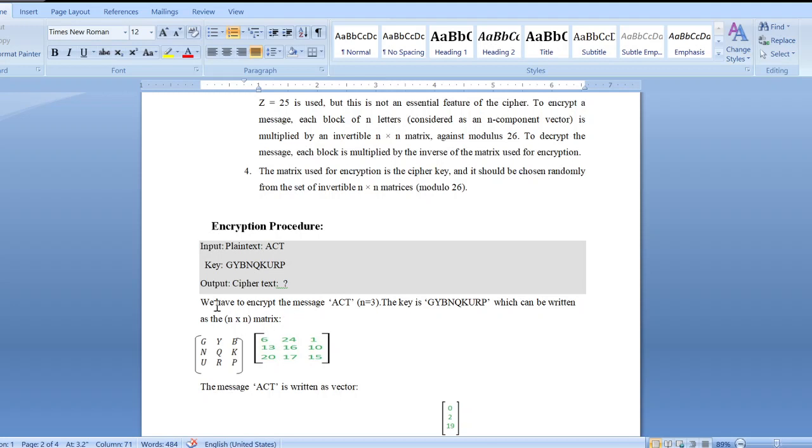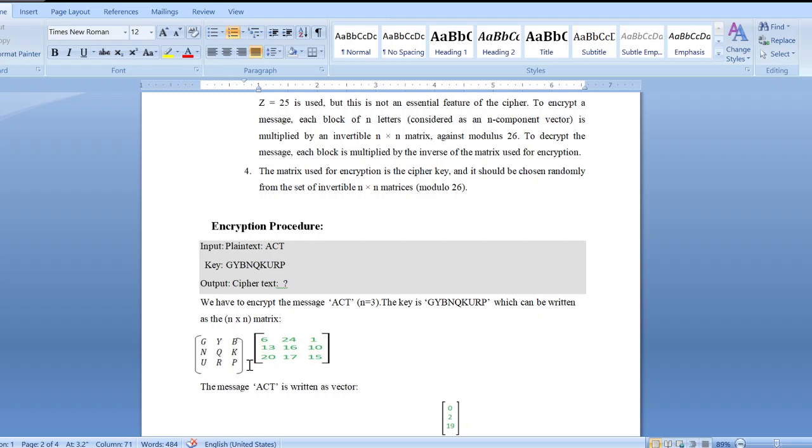According to the key we can divide the plain text. Here the key is 9 characters, so I wrote it as a 3 by 3 matrix. First row G, Y, B, second row N, Q, K, third row U, R, P.